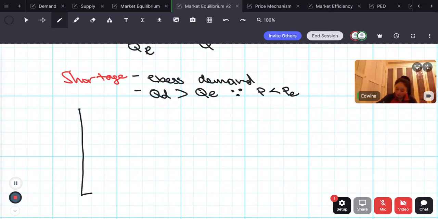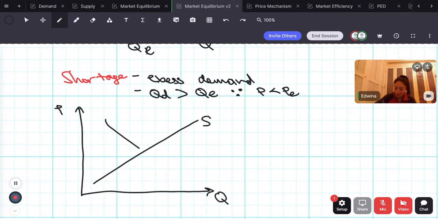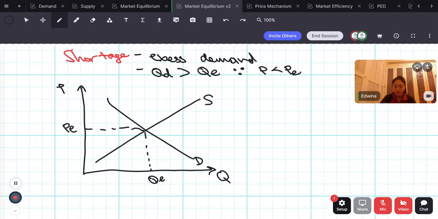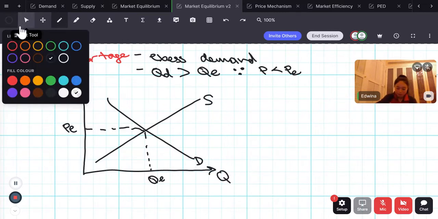And so we can visually depict this on a graph, of course labeling the axes, S, D, and here we will mark PE and QE because we do need to be able to compare the equilibrium versus where the shortage is.